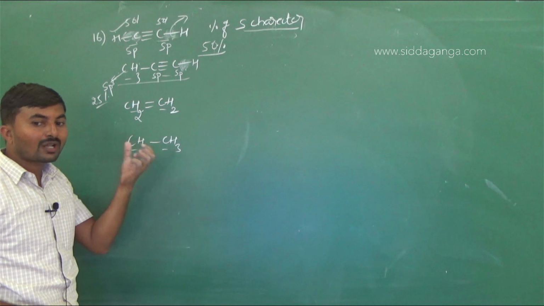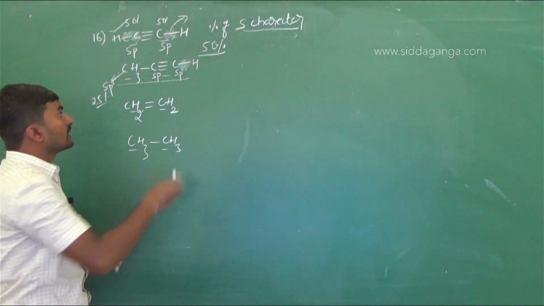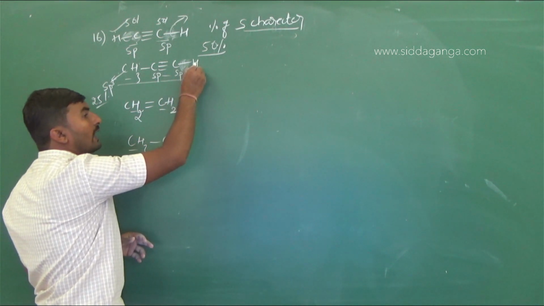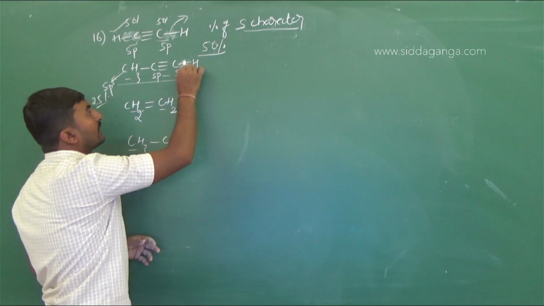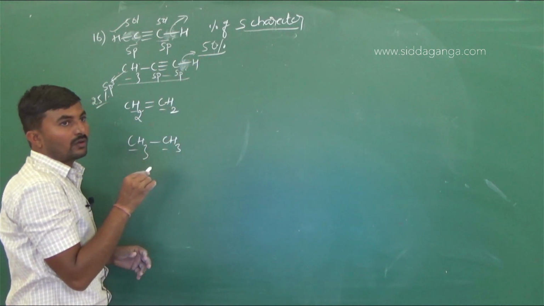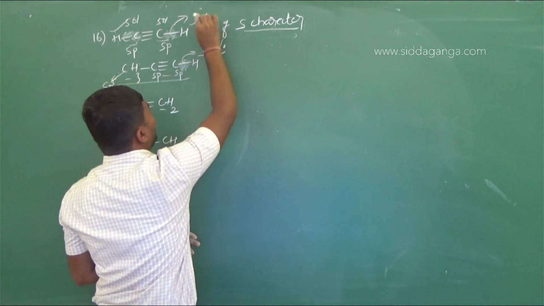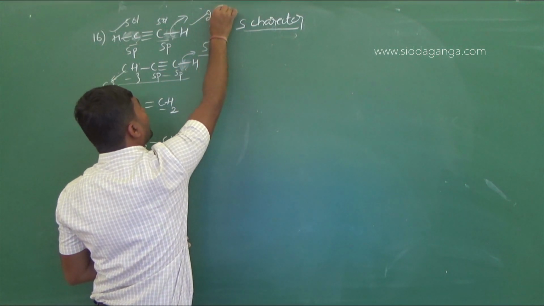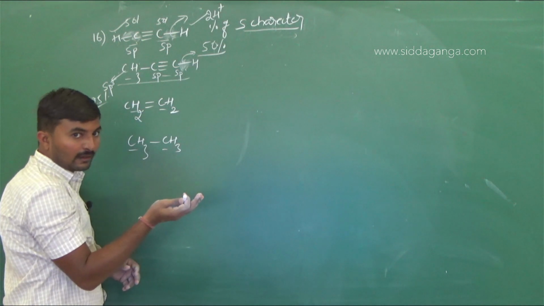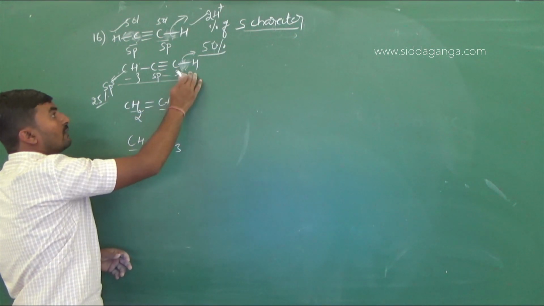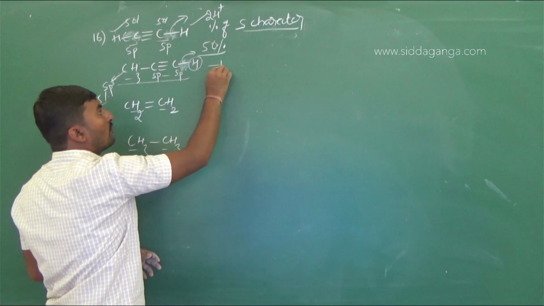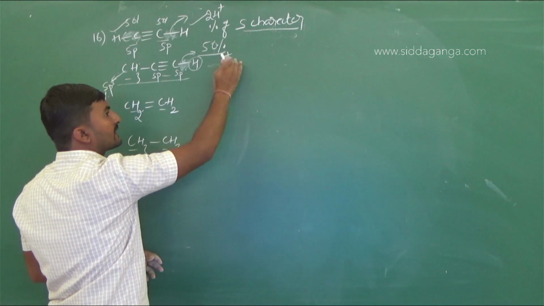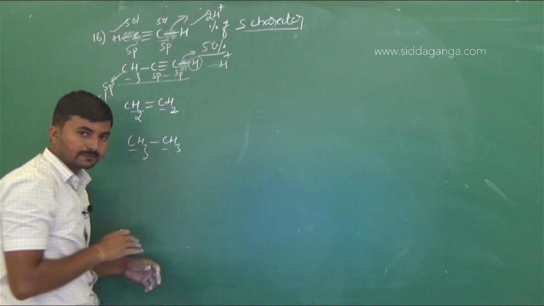But this sp hybridized carbon has one hydrogen, it can easily donate that proton. This particular first example is capable of donating 2 protons or 2 H plus, which is why it is more acidic. Followed by the second one, which is capable of producing only 1 H plus ion, that is why this is quite less acidic than the first one.